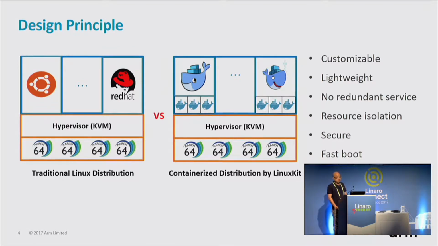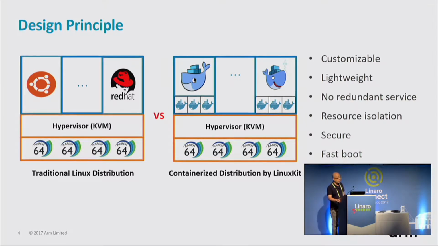And there are no redundant services, because we can customize the system, so we can remove, replace, or add system services in the final distribution according to the requirements of your specific usage scenario. As a result, there will be no redundant services in the final system.